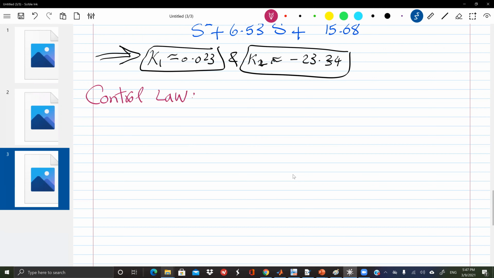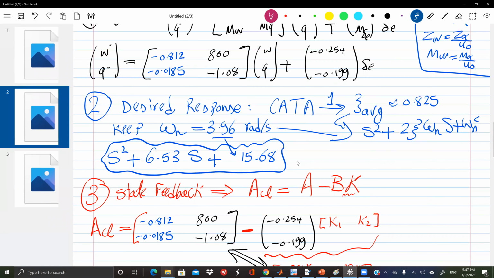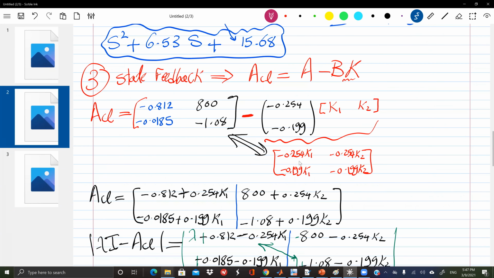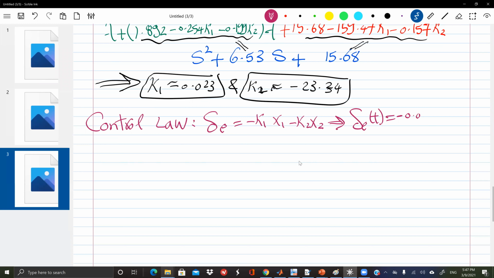What's your control law? My input is negative K's times the x's. What was the control input in this system? Delta elevator. Very good. So my delta elevator is negative K1 x1, negative K2 x2, right? So let's substitute. My delta elevator at any time instant is given by negative K1 times my first state.